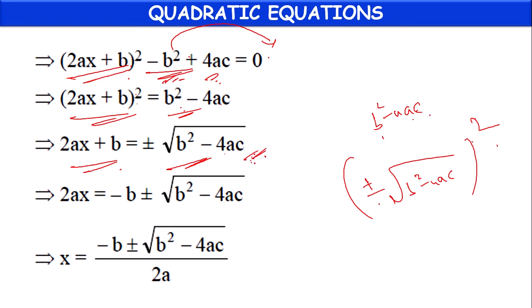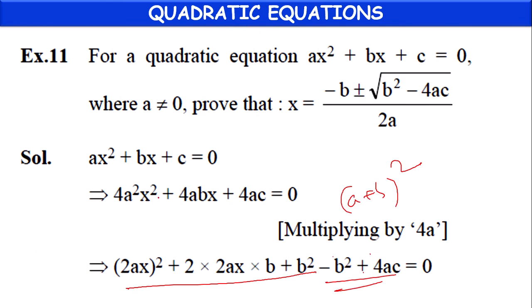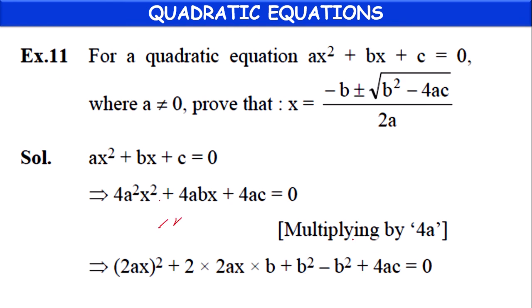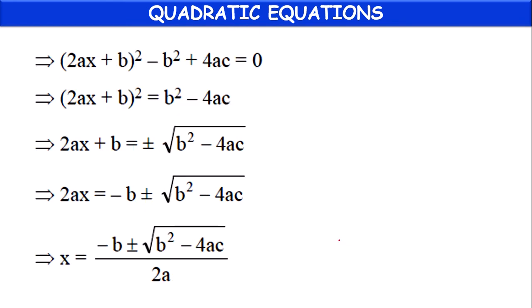Next, 2ax equal to minus b plus or minus root of b square minus 4ac, and 2a will come downside. This equation we will get. So just by multiplying with 4a, we can prove this formula, children.